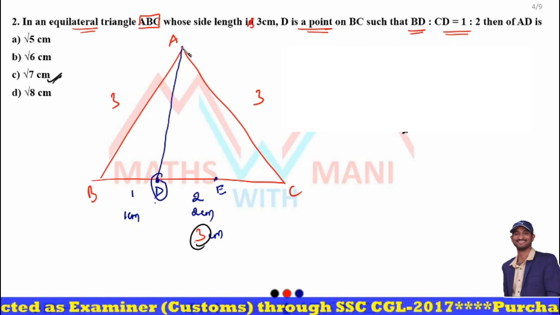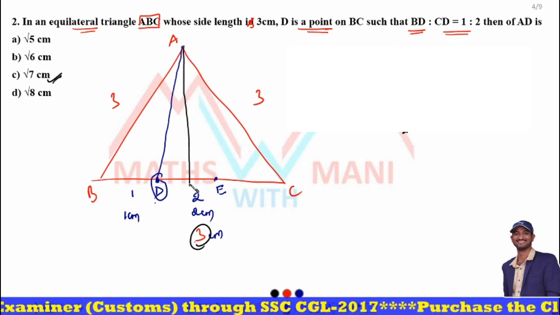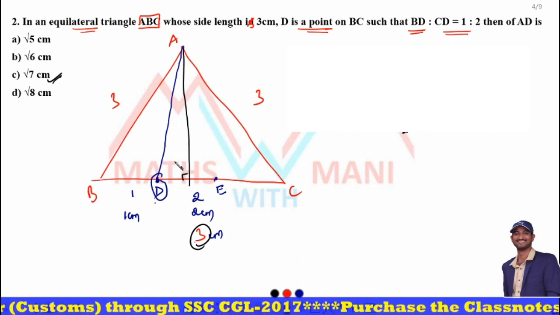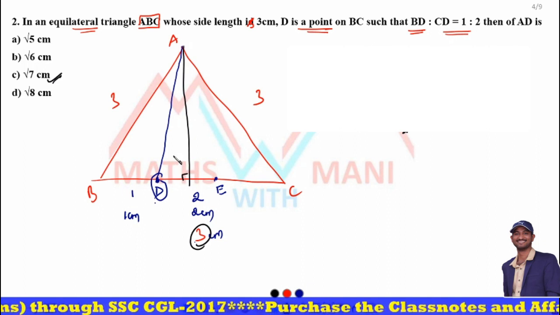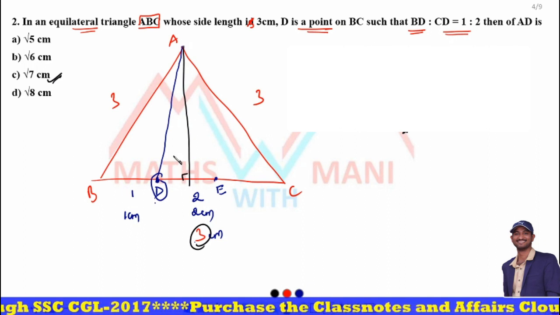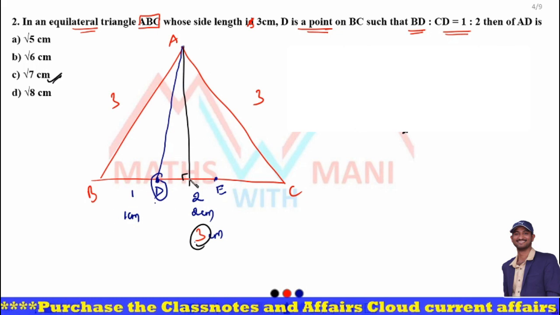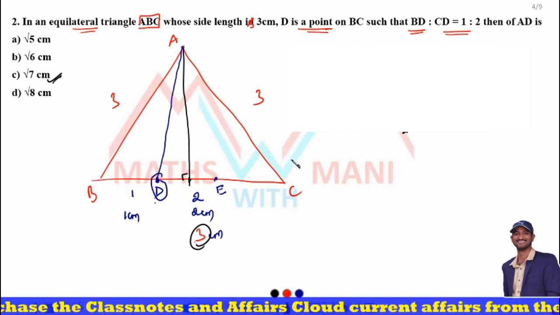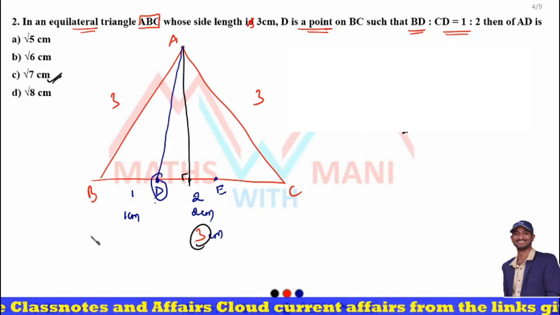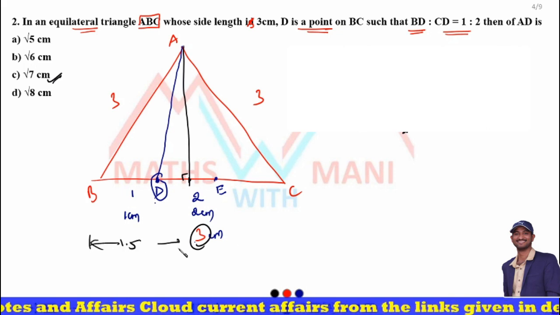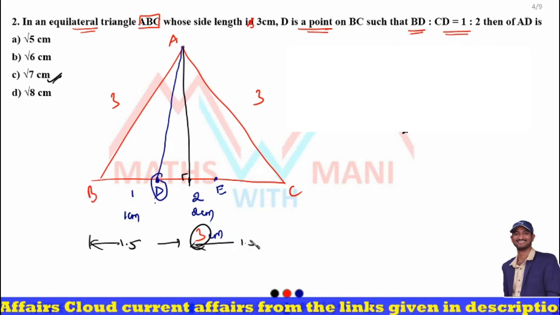Nothing more than that. Draw the perpendicular, which is nothing but the perpendicular bisector, since it is an equilateral triangle. So it divides the opposite side into 2 equal parts. So total 3 means it is 1.5 and it is 1.5.